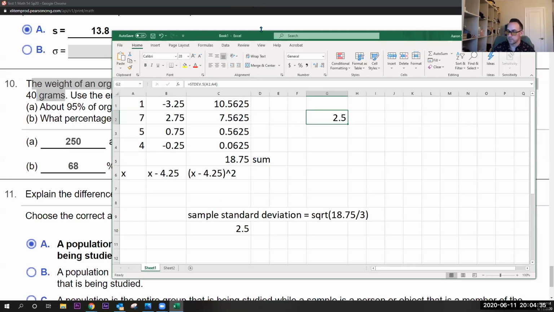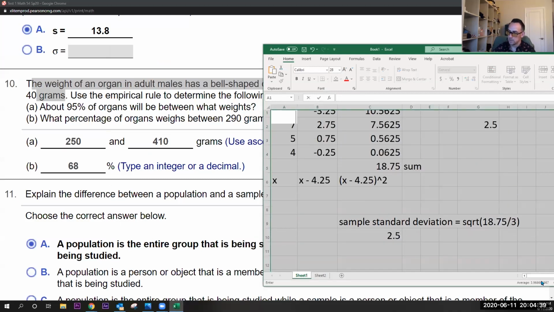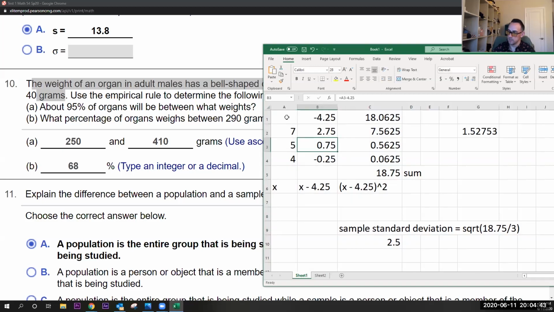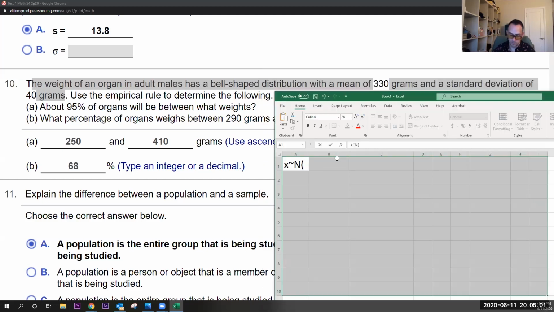We could even say something like X is approximately normally distributed with mean, what's the mean? 330.